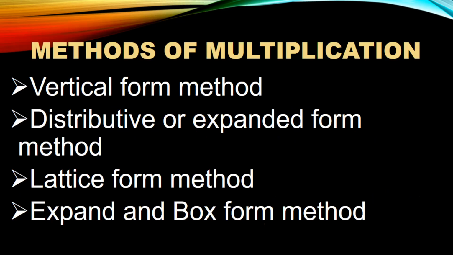Let's see the methods that we are going to use here. Under multiplication as an operation, we have several methods that we can use to perform the action of multiplication. The first method here is the vertical form method.